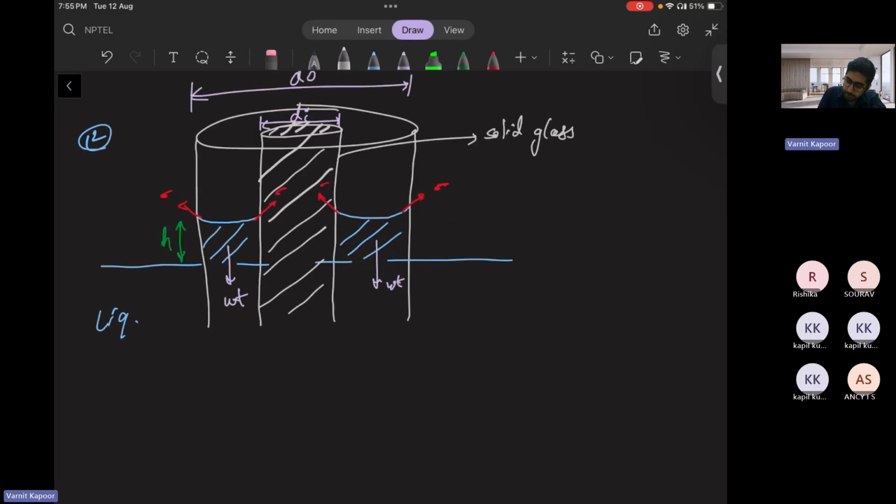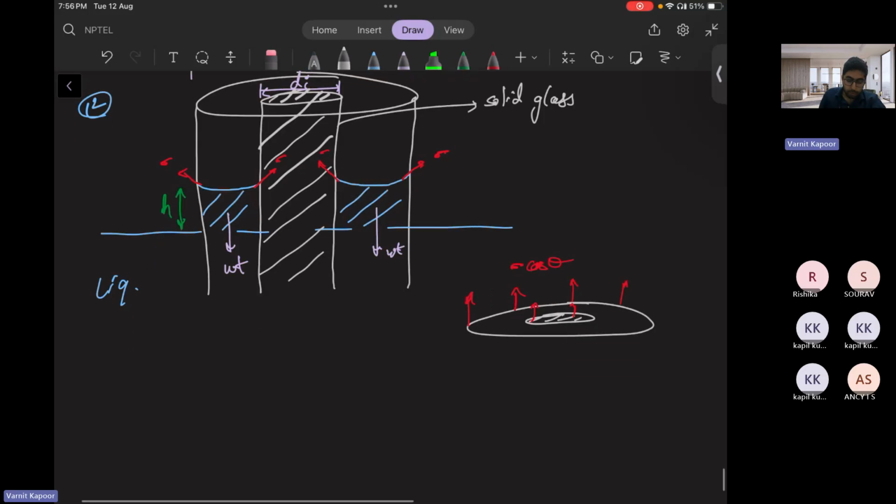So surface tension force, if I draw this again, is again sigma cos theta only, as well as inside also. This is sigma cos theta. And outer diameter, make sure that it is less than 10 mm. And this is a hollow glass.